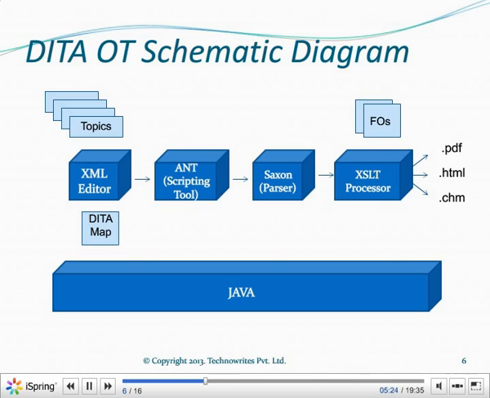The XSLT uses various FOs, and FO stands for formatting object. So if you want to generate PDF output, you will use a different FO. For generating HTML output, you will use another FO, and so on.